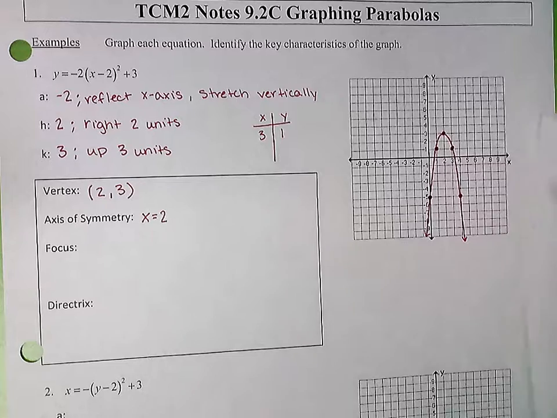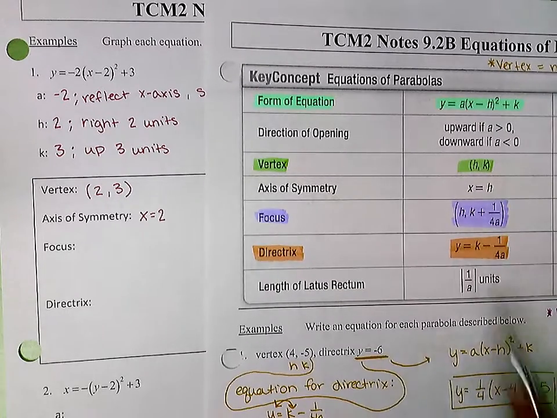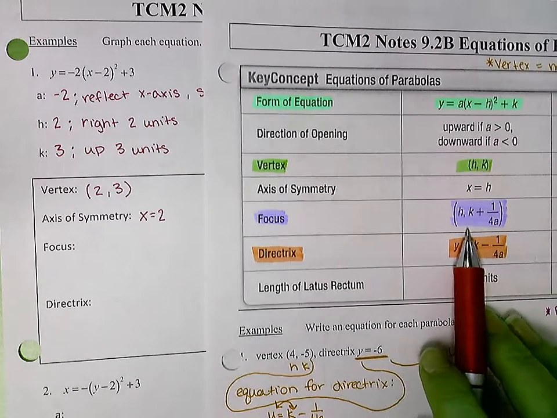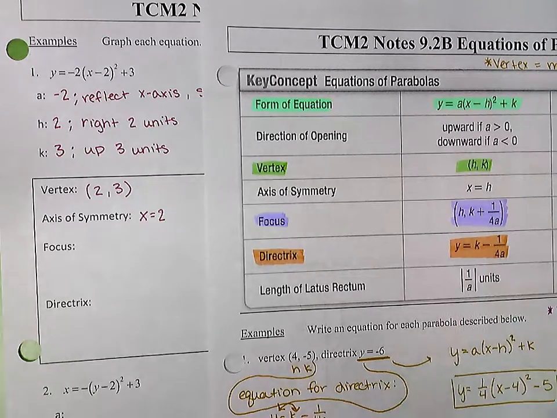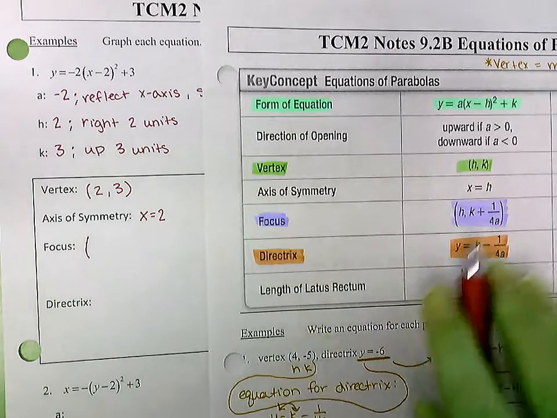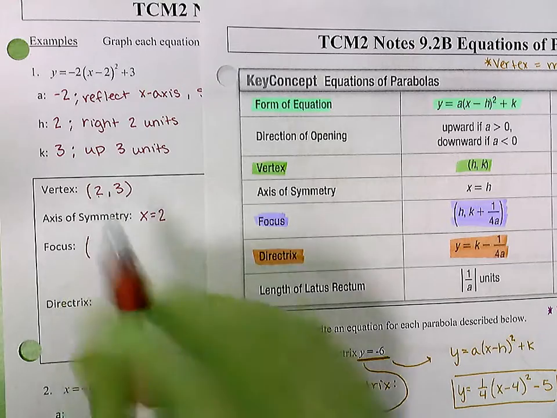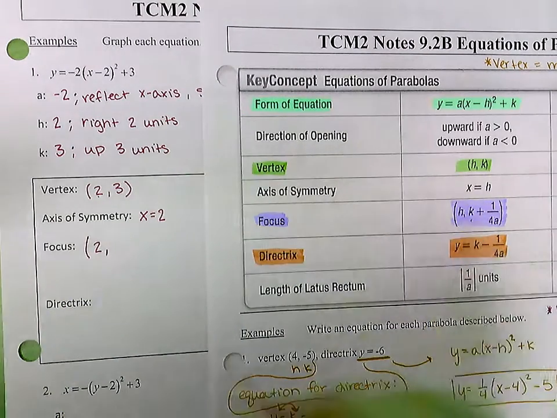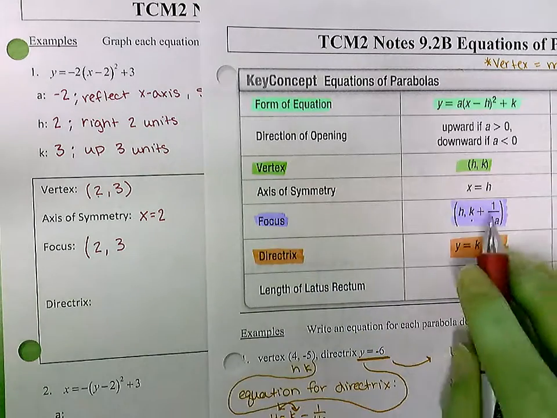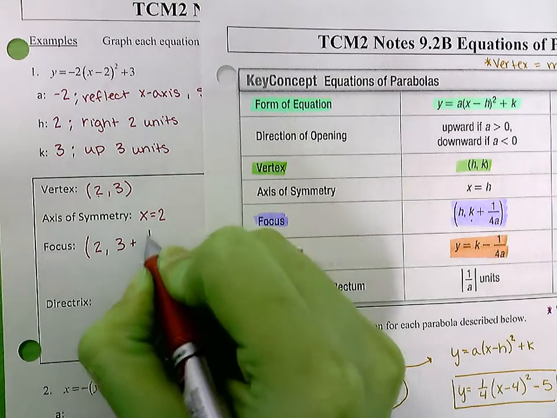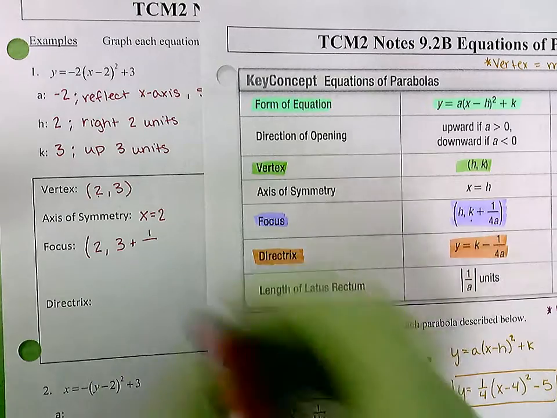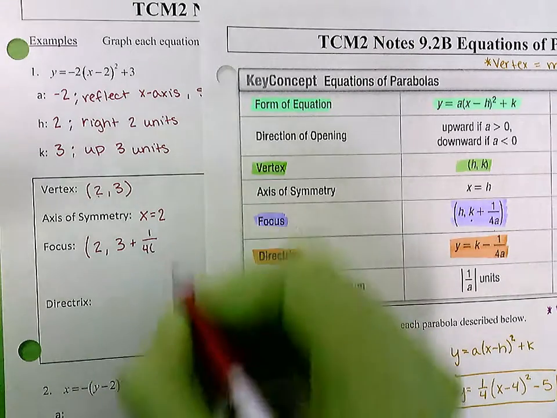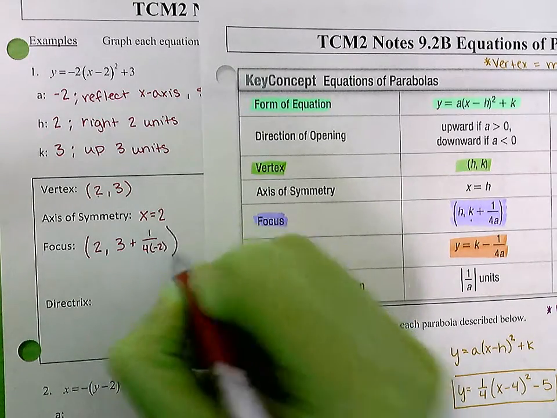Next, our focus. Okay, that's this one right here. So we have our h value, 2. And then we'll take our k value, 3, and add on 1 over 4a. And our a value was negative 2.